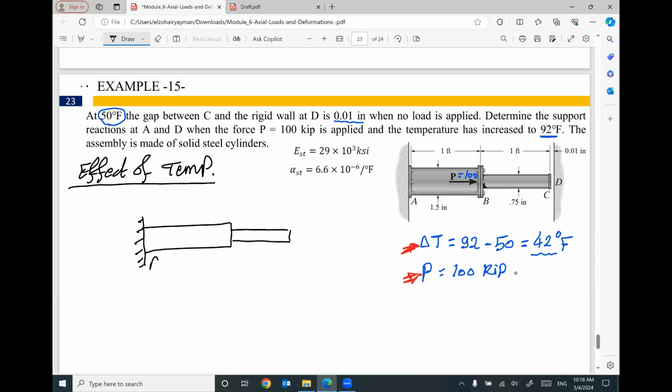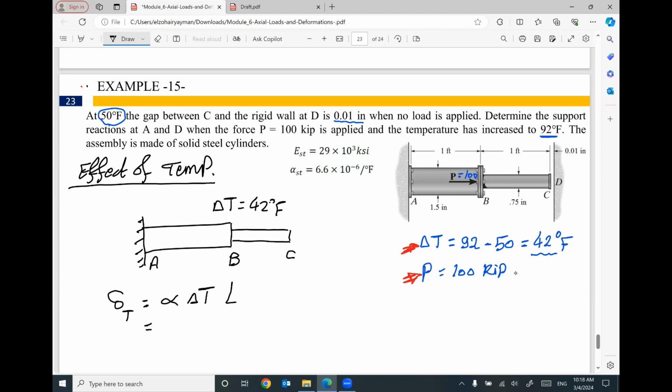This is A, B, C. We have a change of temperature equal 42 degrees Fahrenheit. So delta thermal, the axial deformation due to the effect of change of temperature, equal alpha delta T times L.